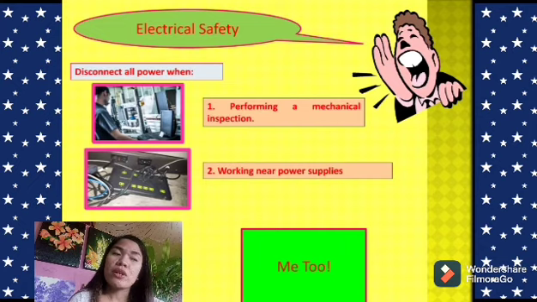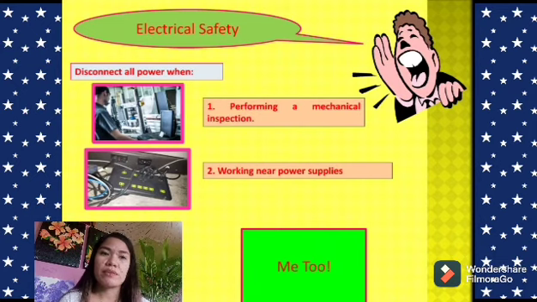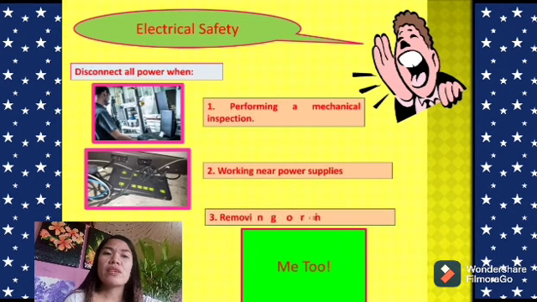For example, if a trip occurs, the impact of the electricity on your equipment is so high or strong that it can ruin your machinery. Okay? Next is removing or installing main units.